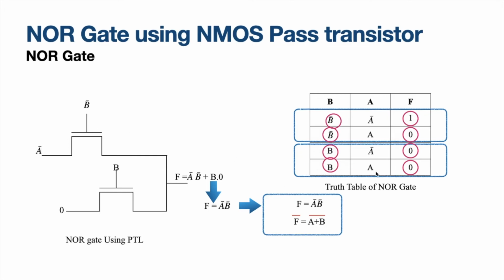Now, consider row 3 and row 4. We have two signals, both are B. What is at the output? Both are 0. Let us verify with column A also. If it is A bar, 0. Again for A, 0. Whatever change happens in A, it doesn't bother.